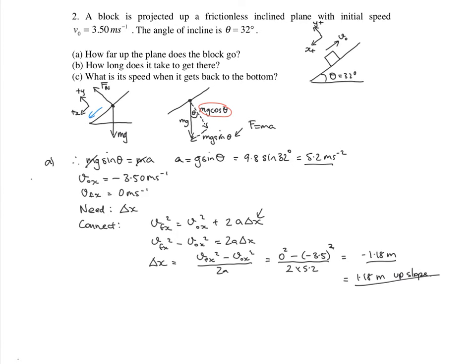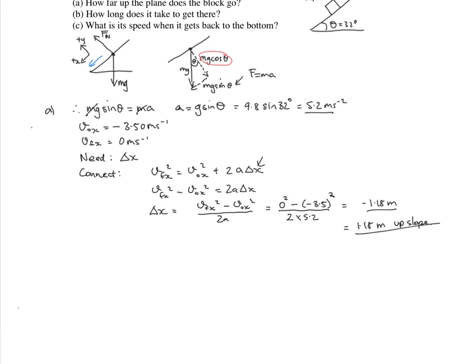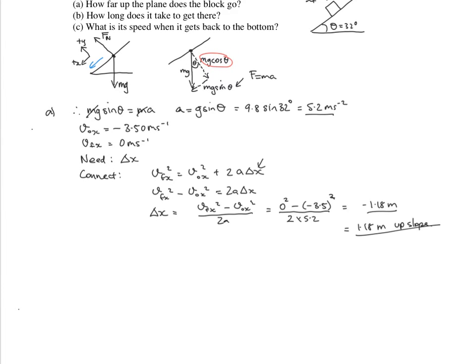Right. So the next question is saying, how long does it take to get there? So we have some new variables now that we can use. So B, how long does it take? So we're looking for T. Write that down. We have a constant acceleration here. Okay, it's not changing. So we have constant a in the x direction, which is 5.2 meters per second squared. Therefore, the acceleration is the change in the velocity over time.